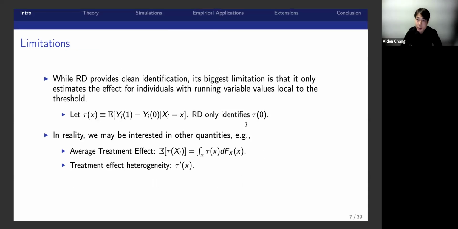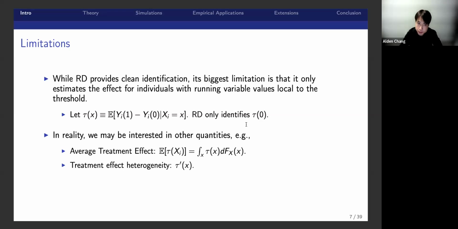Now, I've talked a lot about the advantages of RD designs, the biggest of which is its transparency and clean identification. But it has one big limitation in that it only estimates the effects for individuals with running variables that are close to the threshold.